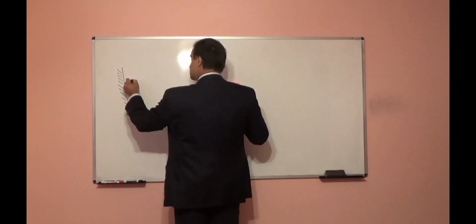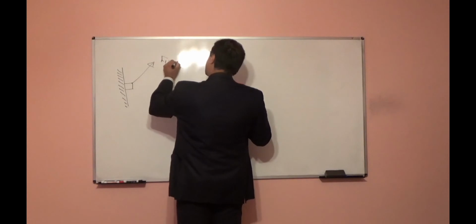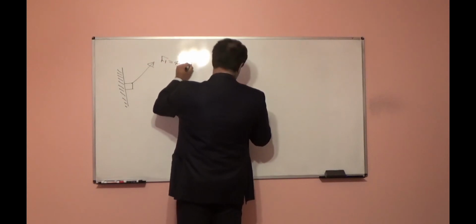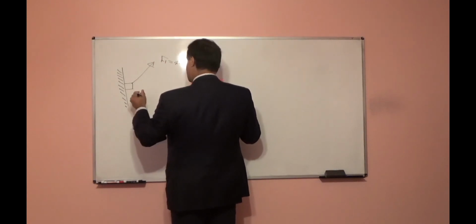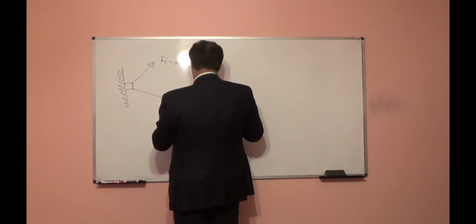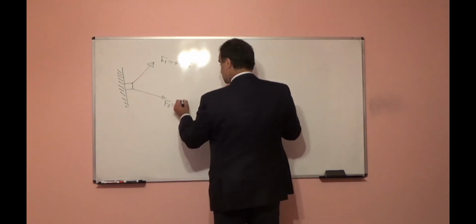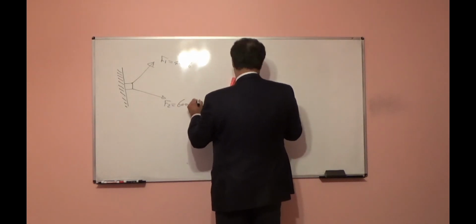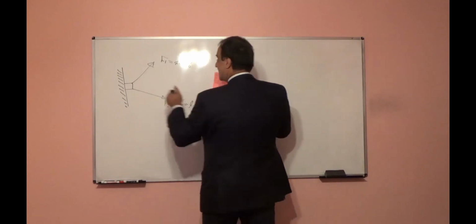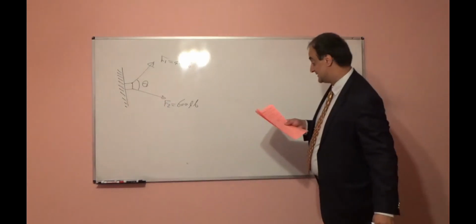Two forces. One of them is F1 and the magnitude is given, it is 400 pounds. Another force is F2. Magnitude is 600 pounds. This angle between the two forces is theta.